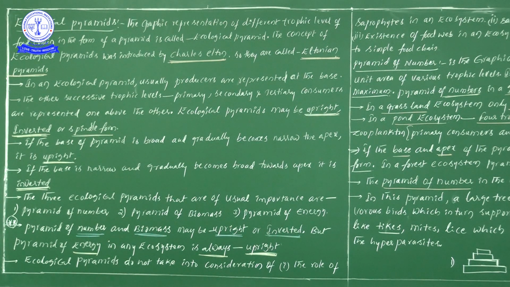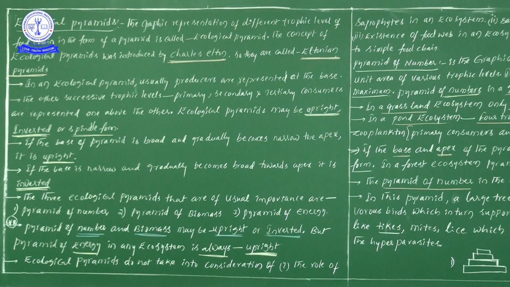At the base, producers are present; just above the producers are primary consumers, then secondary consumers, then tertiary consumers.